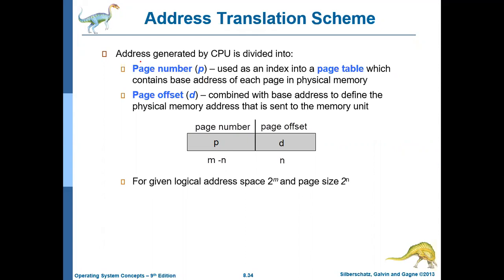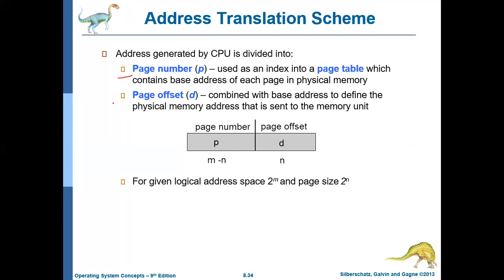Continuing, the address generated by the CPU is divided into two parts. We are talking about the logical address, not the physical one. What are the two parts of this logical address?